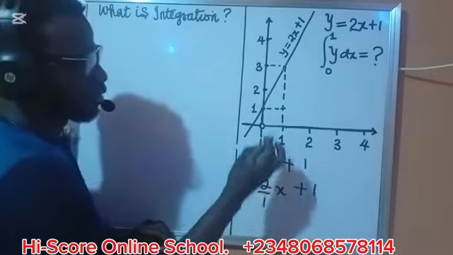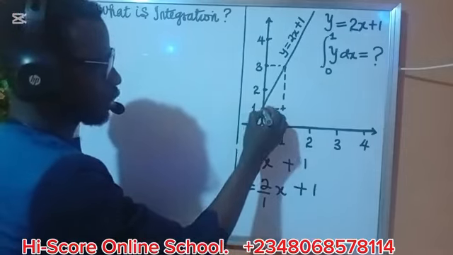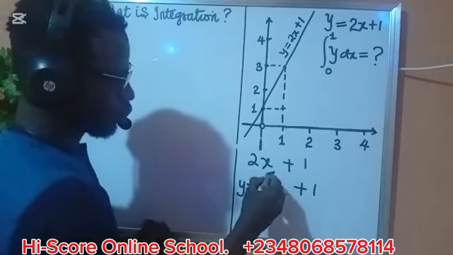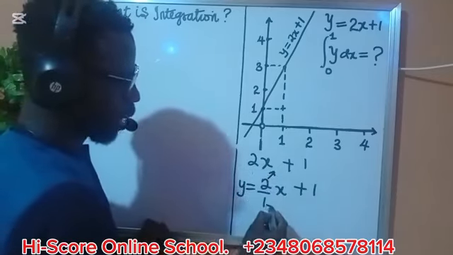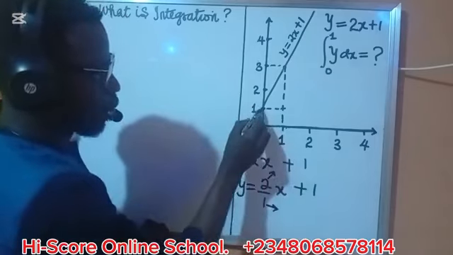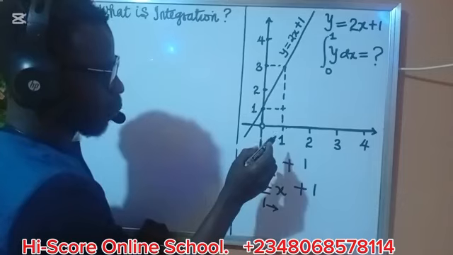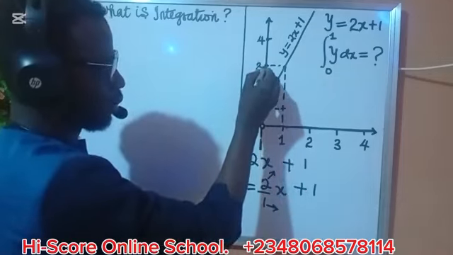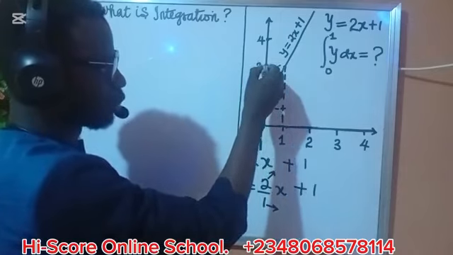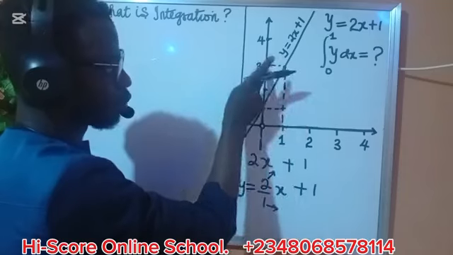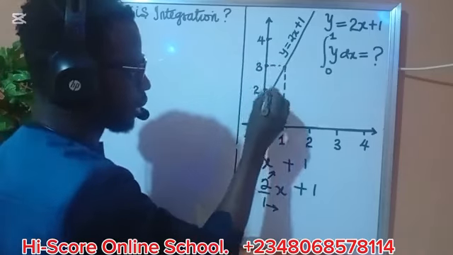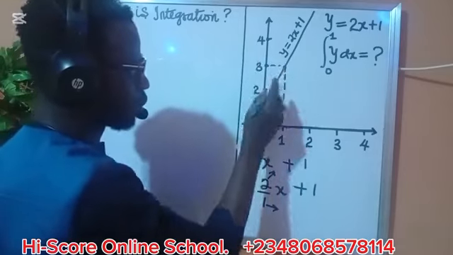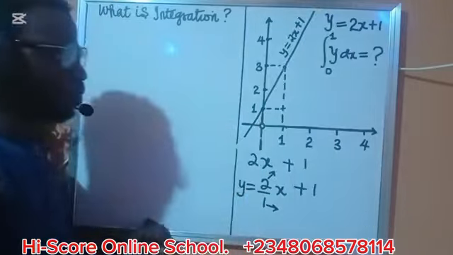So the line will start from here. We cut across here, and it's going to rise by 2 and run by 1 unit from point 1, and upon rising by 2 units, 1, 2, then it's going to run to the right 1 unit. So the line is going to pass through this point 1, 2, then this point 1. That's how we got this line.